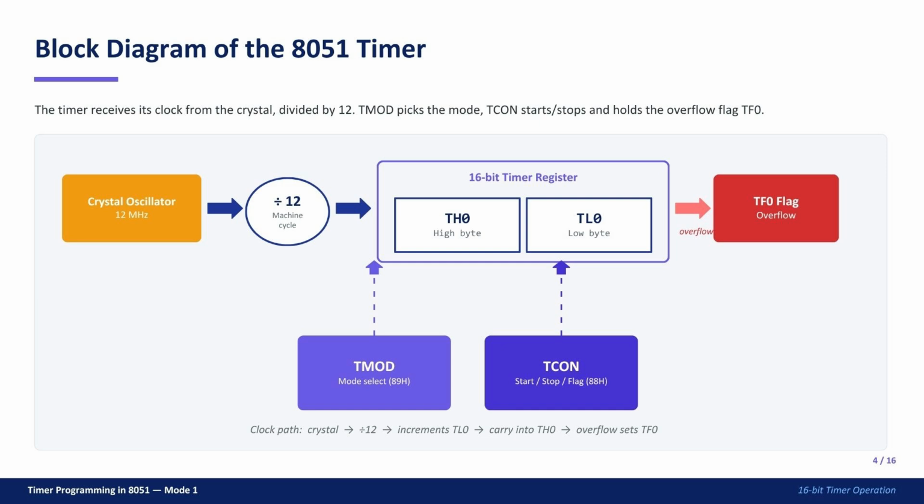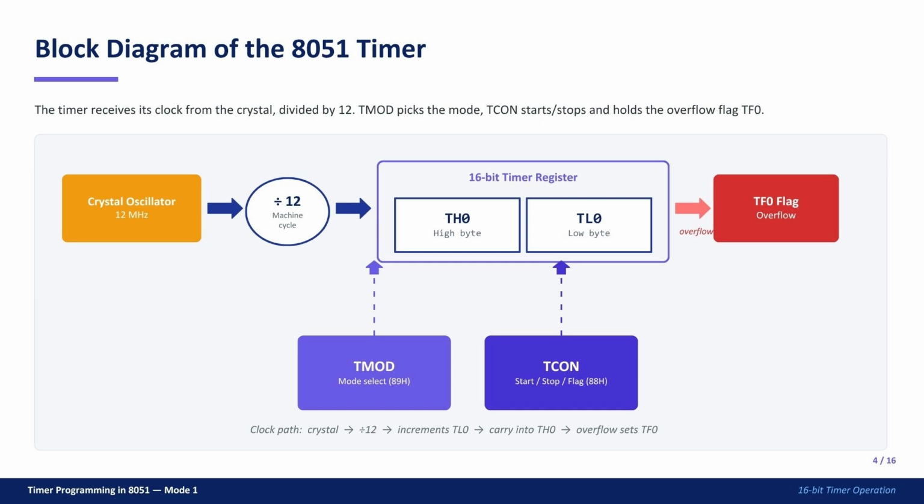Now, controlling this whole operation, we have two important registers. The TMOD register decides which mode the timer operates in. The TCON register is used to start and stop the timer, and it also holds the overflow flag called TF0 for timer 0.